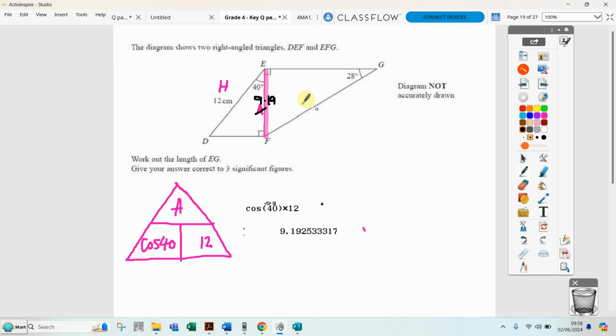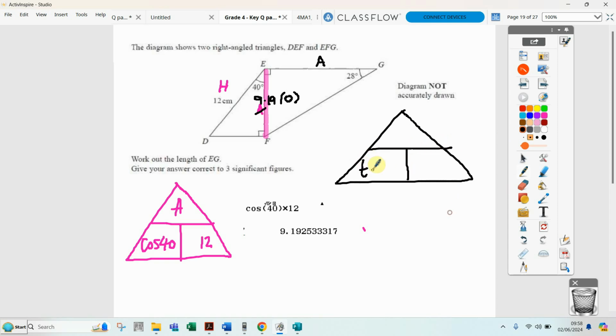Okay. Then in this triangle, we're trying to work out EG, which is this side at the top. Based on 28, 9.19 is the opposite, and this side would be the adjacent because it's between the right angle and the angle. So O and A is TOA. So we draw the TOA triangle, we fill it in, tan 28 there, O goes at the top, 9.19, and adjacent goes here.